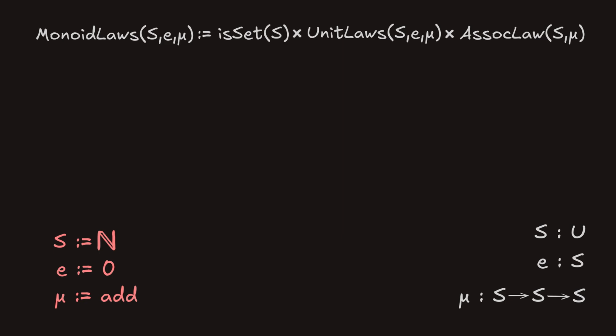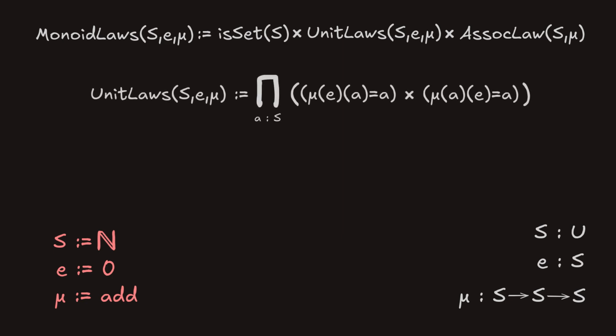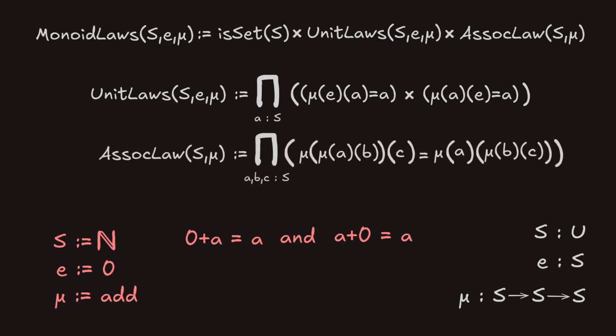We say that 0 obeys the unit laws if, given some number A, 0 plus A equals A, and A plus 0 equals A. And we say that addition is associative if, given some numbers A, B, and C, (A plus B) plus C equals A plus (B plus C).